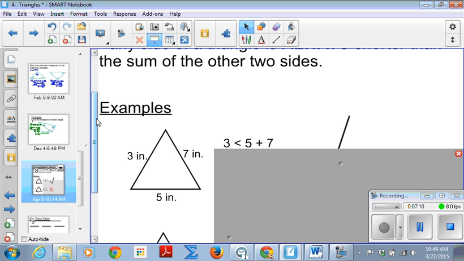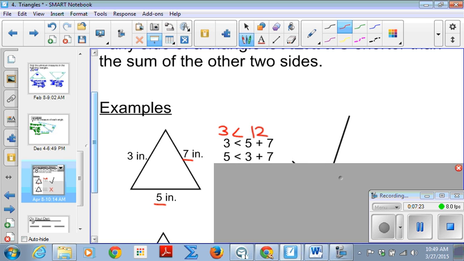So, for example, we did 5 plus 7, which we know equals 12. And the remaining side of 3 is less than 12. So that works out. Then we can pick two other sides, so 3 and 7, which equals 10. So the remaining side is 5. 5 is less than 10. That one checks out.